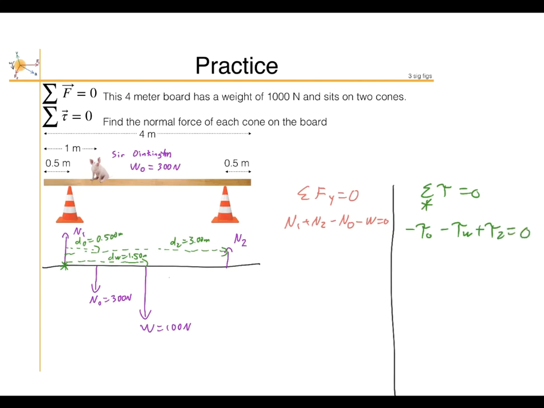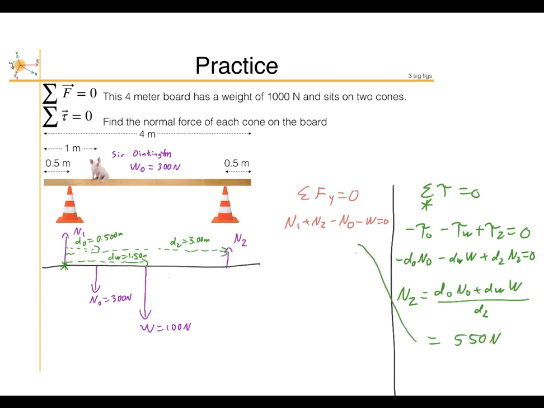So I plug in everything I know here, right? Minus the distance of Sir Oinkington times his normal force, minus the distance of the weight times the actual weight, plus the distance to 2 times the normal force N2, equals 0. I can solve that for N2, which is (dO NO plus dW W) over d2. When I plug in everything, I get about 550 newtons.